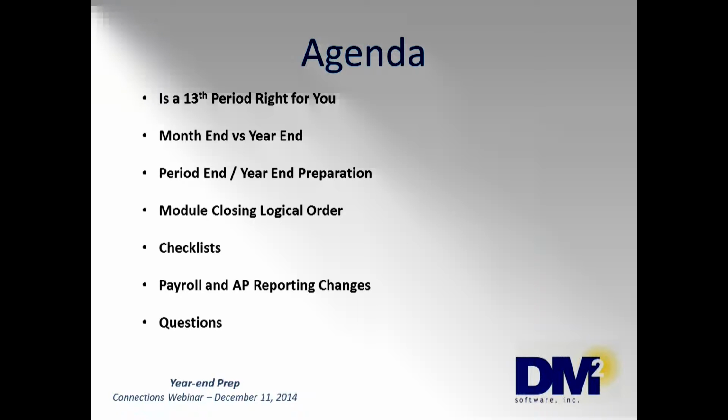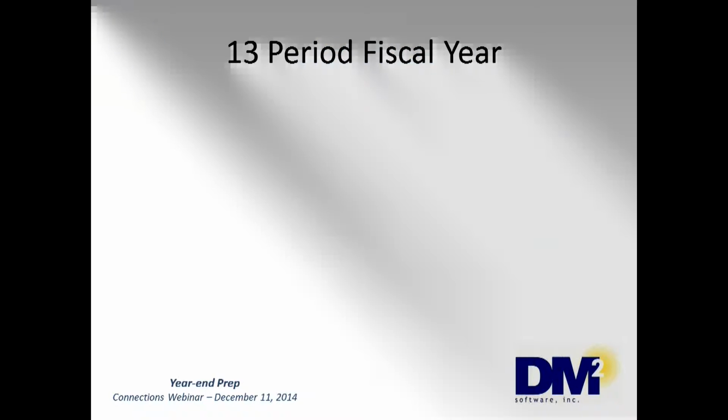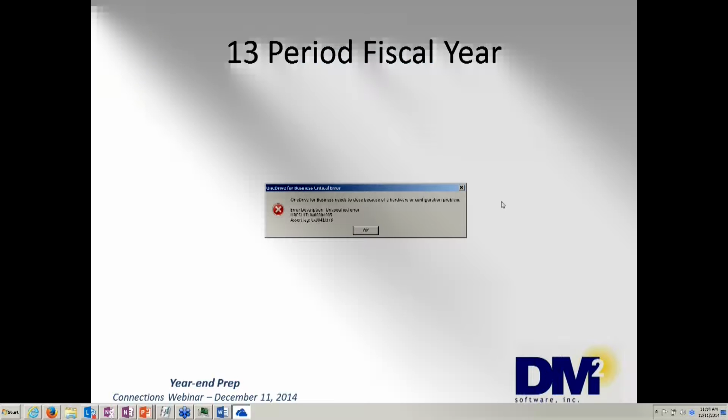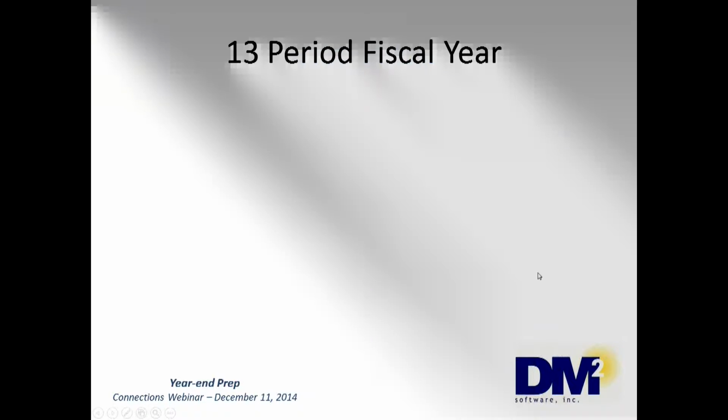So the first thing I want to jump right into is the 13th period fiscal year, and where you may have seen this in the past. When you're setting up your fiscal calendar, you'll notice that there are 13 periods. Typically, the 13th period is used for recording adjustments you might have for the end of the year, for instance, CPA recommended adjustments.